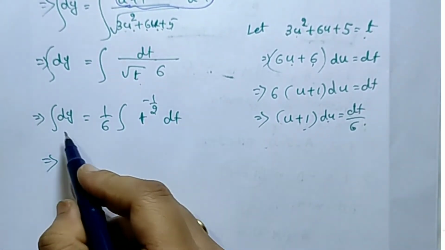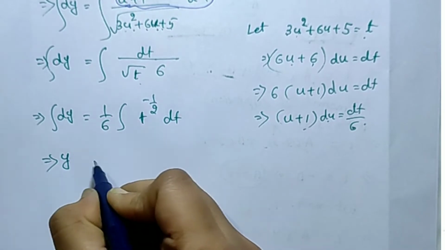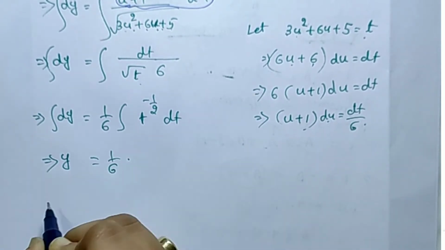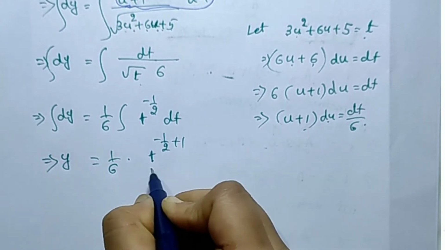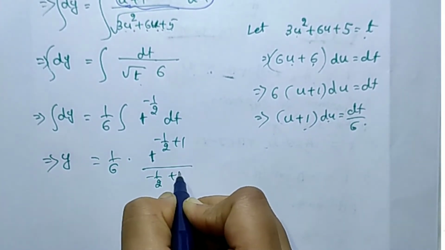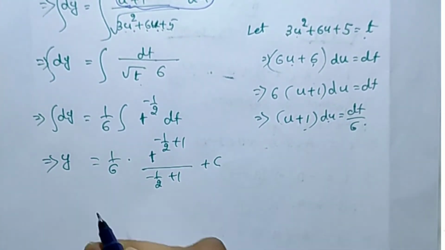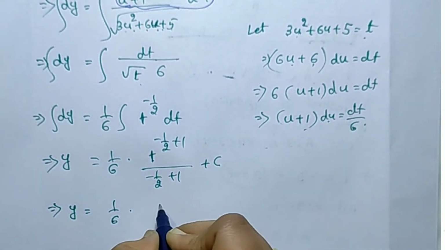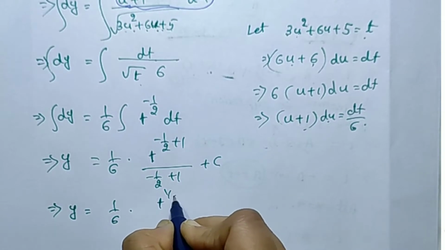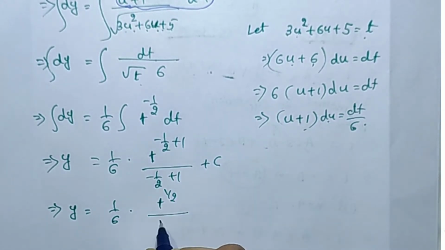Integration of dy will be y is equal to 1/6, which is constant. The integration of t power half will be t^(-1/2 + 1)/(-1/2 + 1) + c, where c is the integrating constant. This implies that y = 1/6 times t^(1/2) divided by 1/2, plus c.